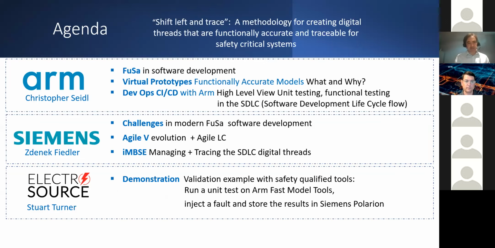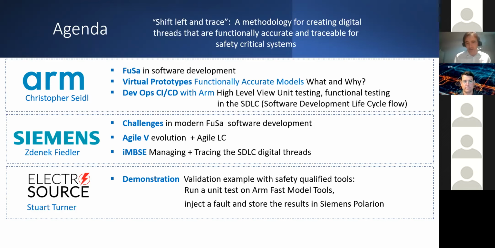Our agenda today: Christopher will talk about functional safety and software development, virtual prototypes, and functional accurate models, what they are and why they could benefit you. DevOps and continuous integration and continuous development with ARM. He'll give you a high-level view of unit testing, functional testing in the software development lifecycle. Zdeněk from SIEMENS will talk about the challenges in modern functional safety development, the evolution of the Agile V, and the Agile lifecycle.